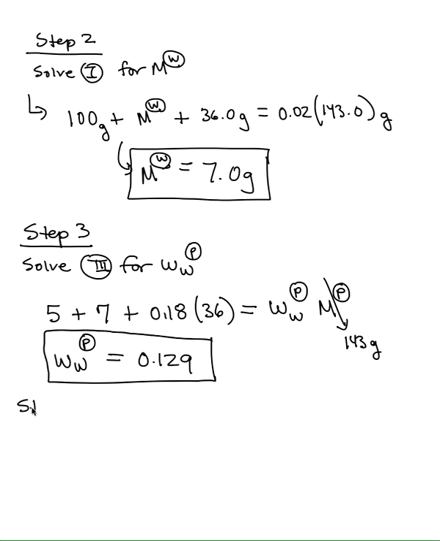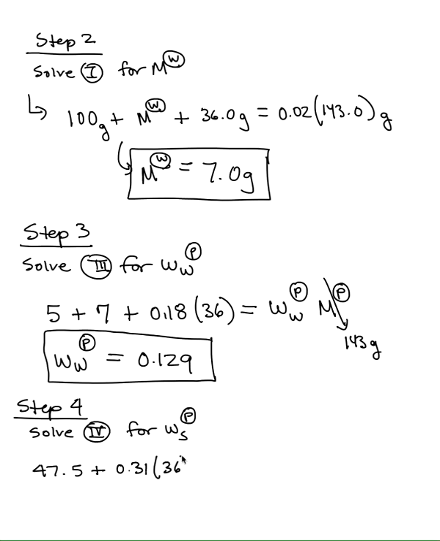Next we want to go ahead and do step 4, which is solving the fourth mass balance equation for the mass fraction of solids in P. Okay, so if you look at equation 4, it's 0.475 times 100, so that's 47.5, plus 31% times the mass flow rate of B, which we said is 36.